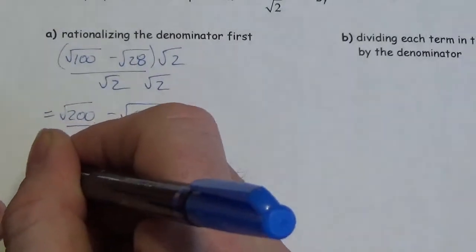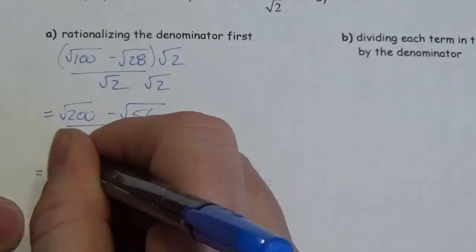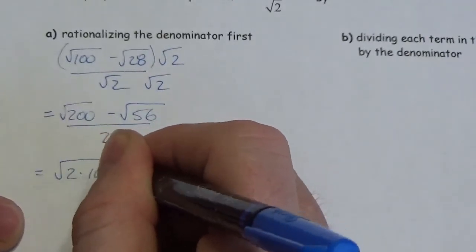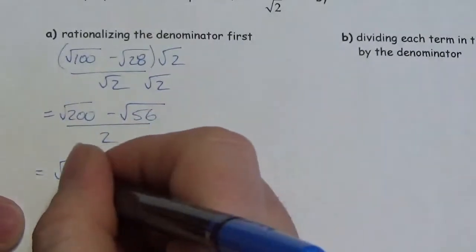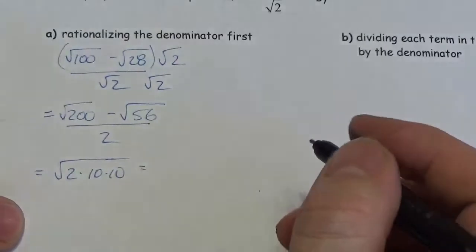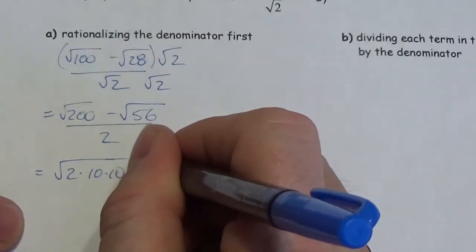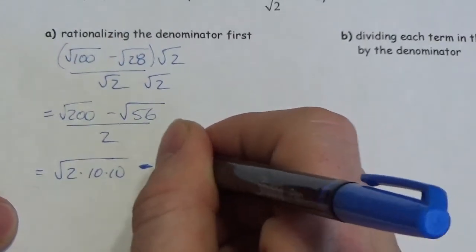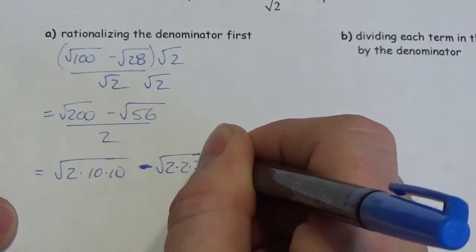Now I'm going to simplify, and I know this first term is going to be 2 times 10 times 10. I saw the 100 there, and I was anxious to simplify that immediately anyway. Minus, well, 56 is 8 times 7, so it's going to be 2 times 2 times 2 times 7.